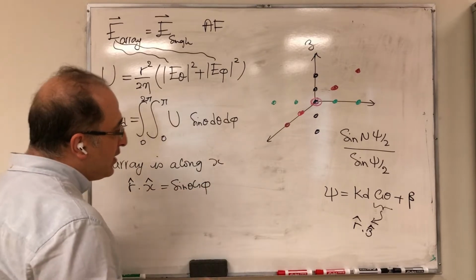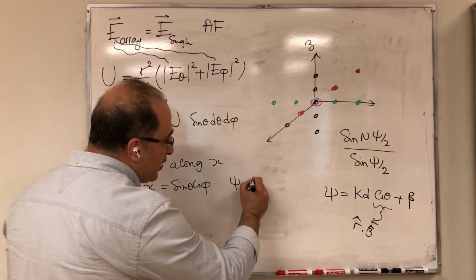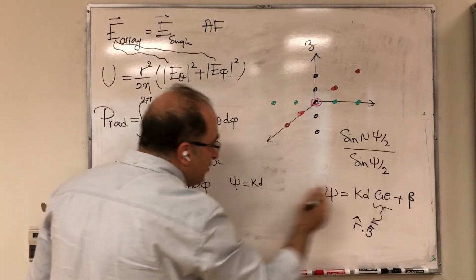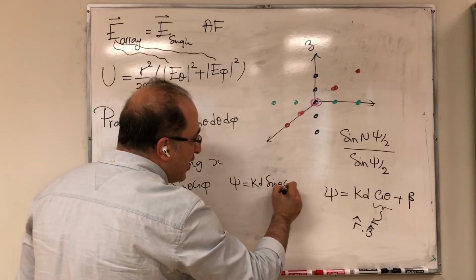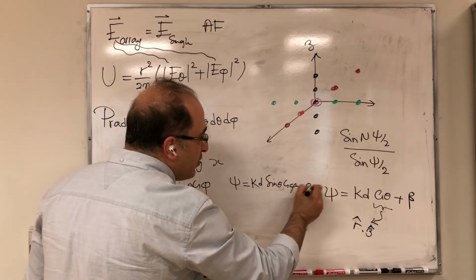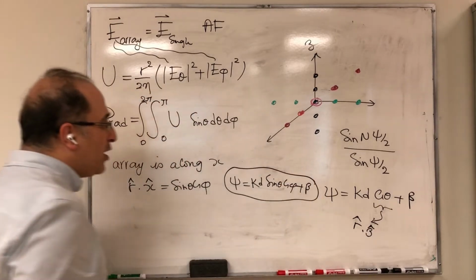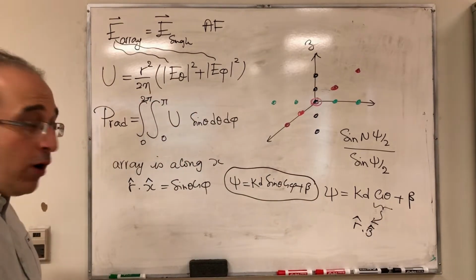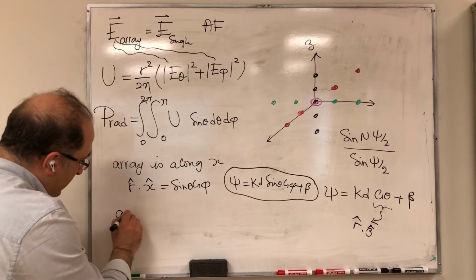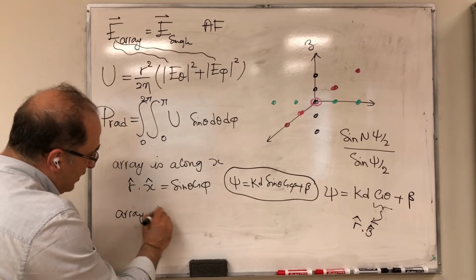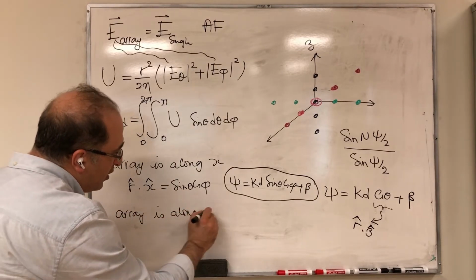So then your psi becomes kd sine theta cos phi plus beta. This becomes your psi.